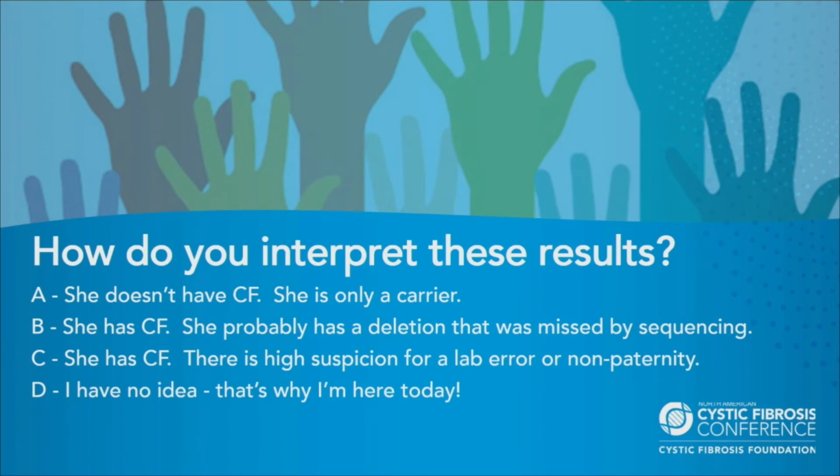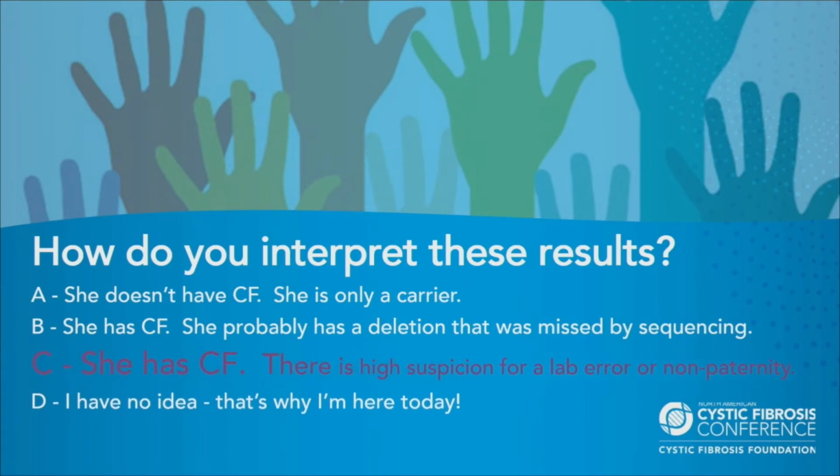C, she has CF. There's high suspicion for a lab error or non-paternity. Or D, no idea, you're here to learn. So takers for A. Okay, well done. B. Okay, a good number. C, fewer than B. And D. I appreciate the honesty.